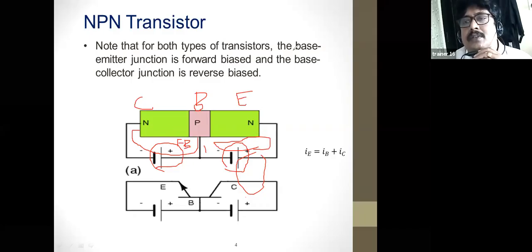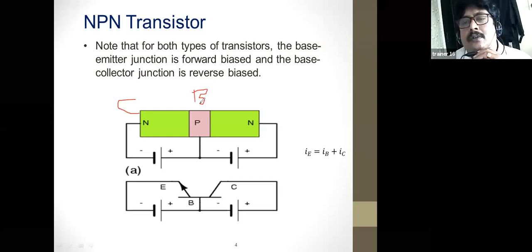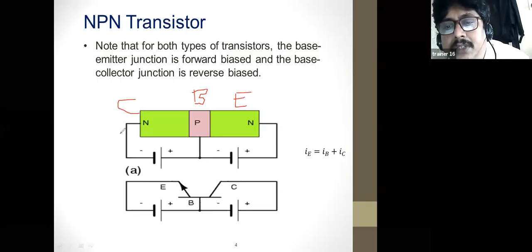So this circuit acts as a forward bias, and this circuit acts as a reverse bias. The N type is emitter, right? So both forward bias and reverse bias are there in the transistor.